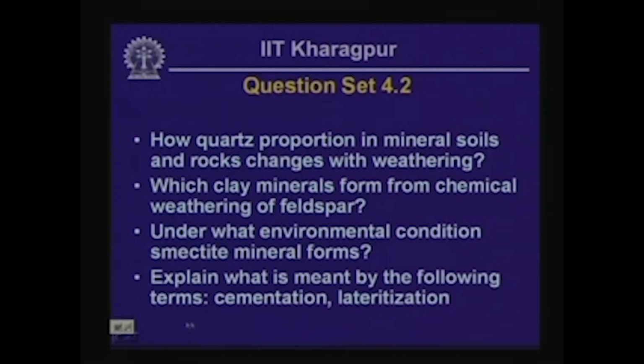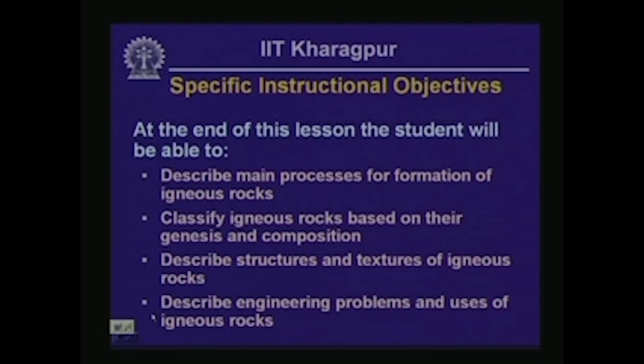Okay, so that takes care of all the questions of the previous question set, and now we continue with the subject matter of this particular lesson. What are the objectives of this lesson? We want to know what the formation processes of igneous rocks are. We want to be able to classify igneous rocks based on their genesis and composition.